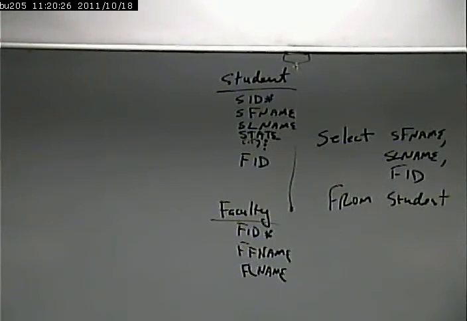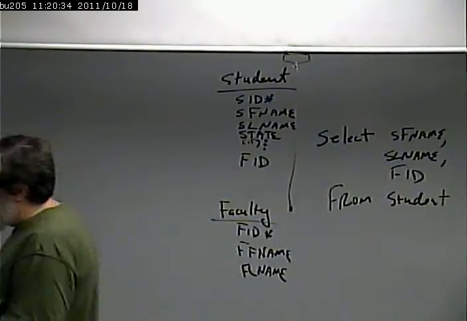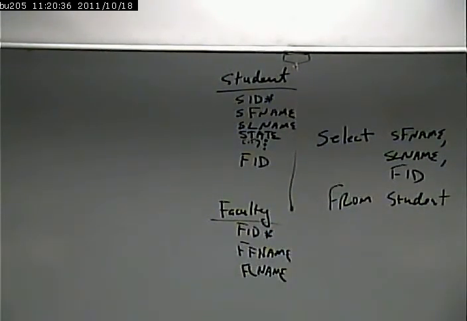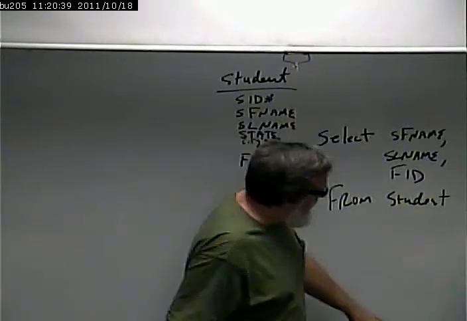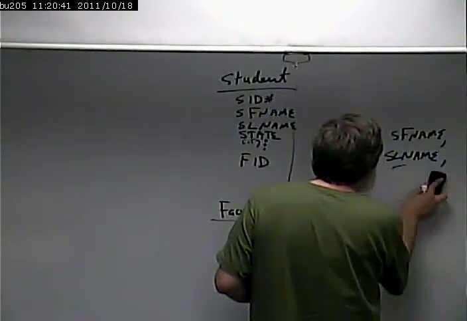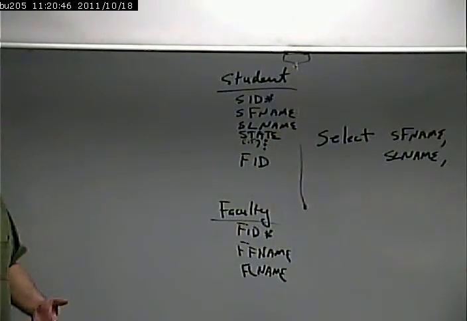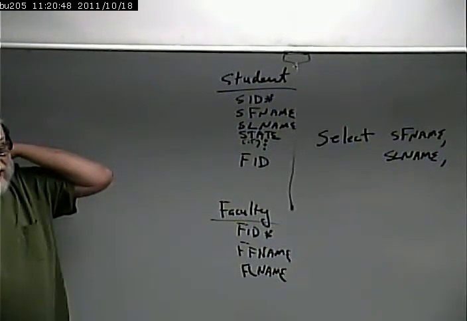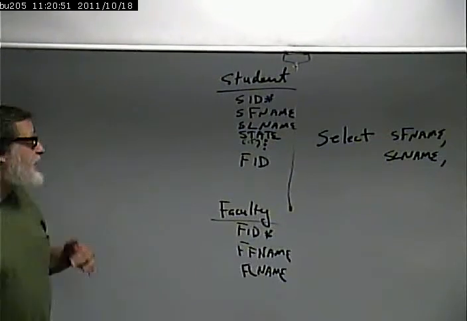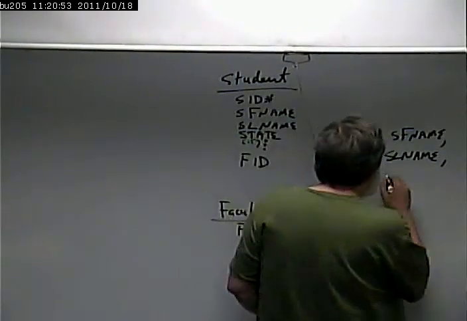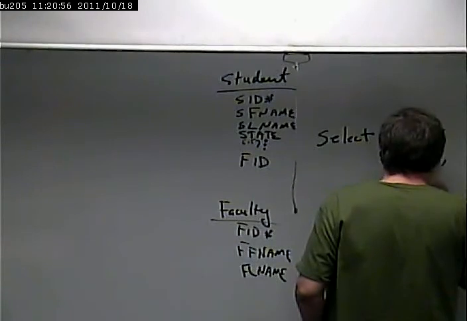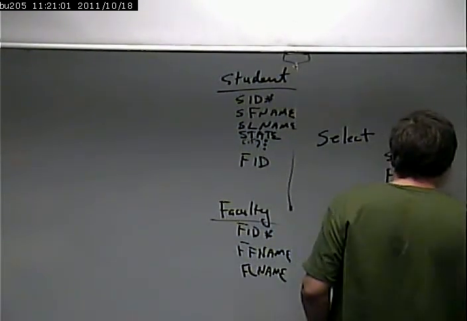We can use the where clause to actually join those tables together. And let's talk about how we would do that. First of all, our select statement will still include the names of all the columns we want, regardless of the table that it comes from. So in this case, we want the student first name, the student last name, the faculty first name, and the faculty last name.